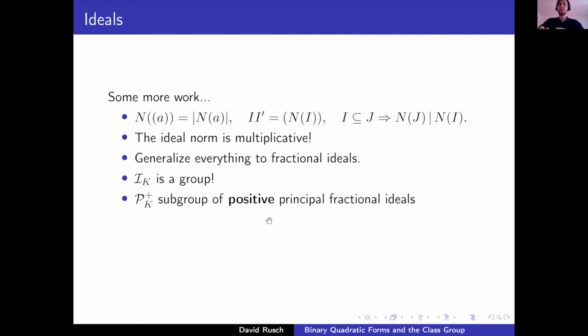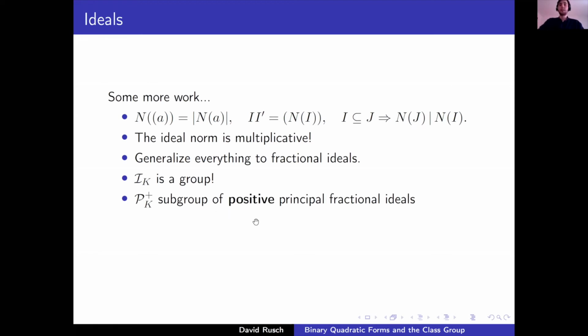This is not always given. For example, if K is equal to Q adjoin square root 2, then the norm of square root 2 is minus 2. So it would be a negative generator.